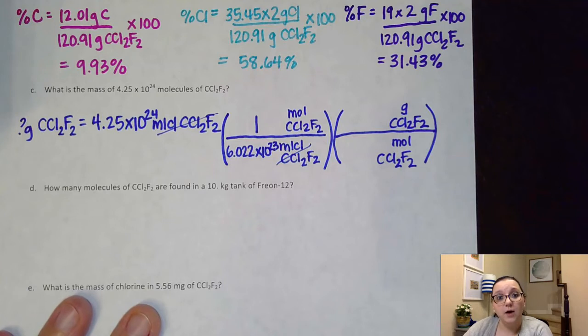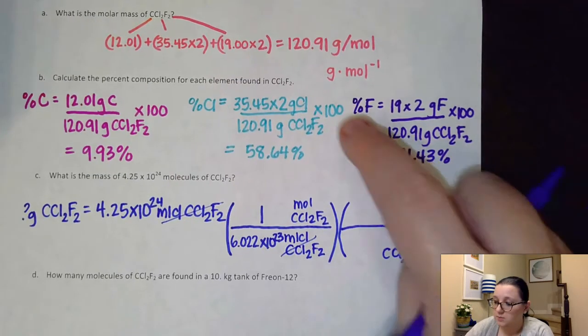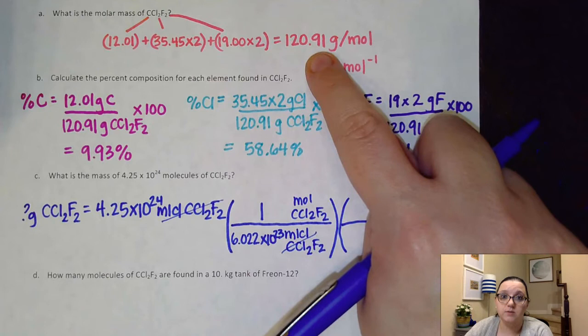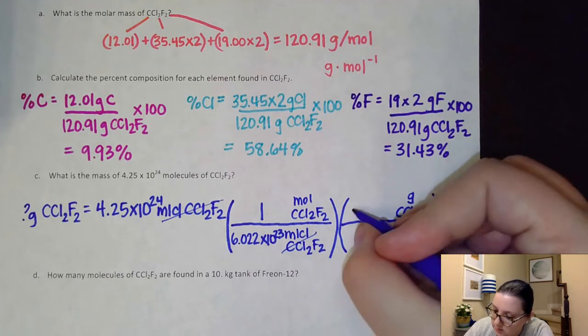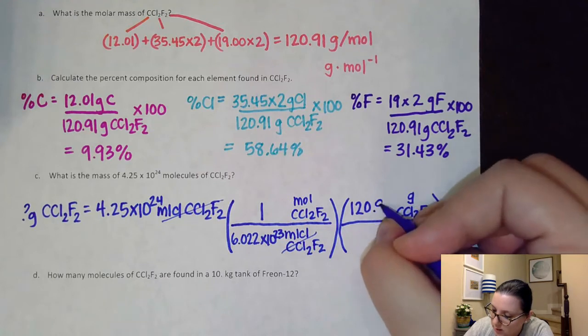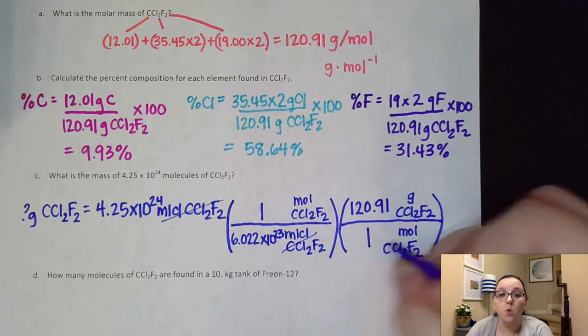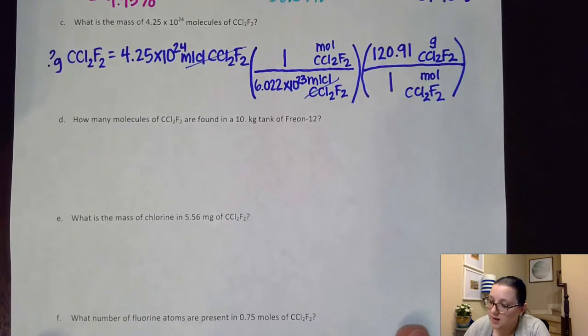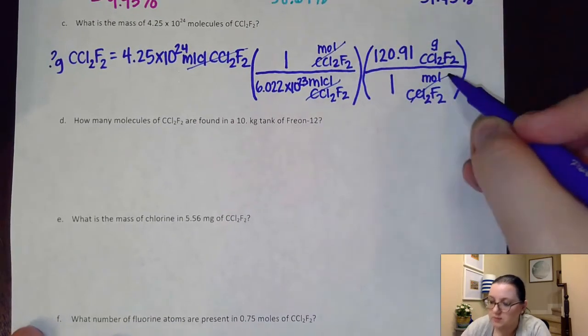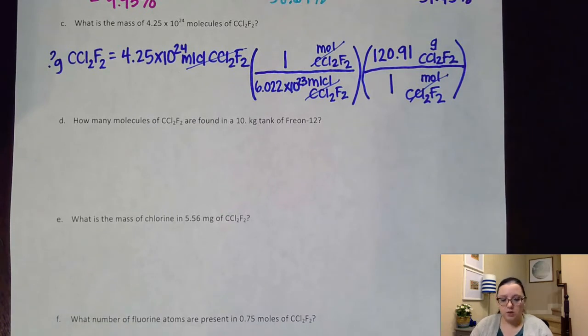This is where I can use my molar mass that I determined up here of 120.91 grams per mole. That number needs to go with grams: 120.91 grams for every 1 mole of that substance. Now moles and moles cancel out unit-wise, leaving me with grams. That's what I was trying to get to.